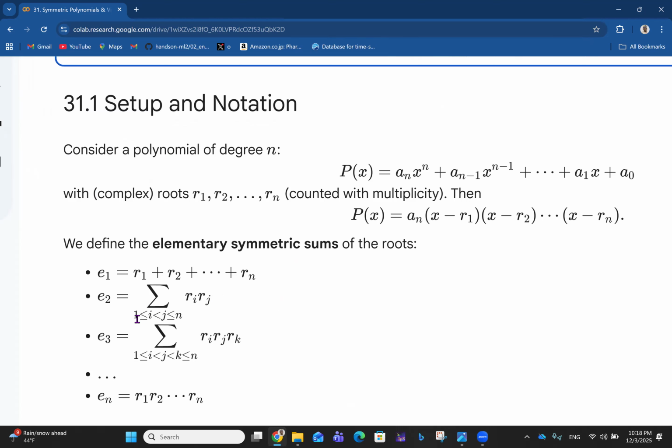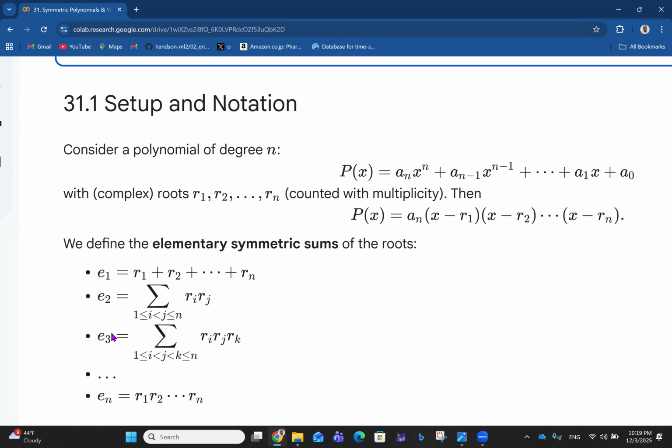That means i can be equal to 1 or greater than 1, then i is always less than j, and j can be up to n. So if we have 4 roots, we have the sum of r1r2 plus r1r3 plus r1r4 plus r2r3 plus r2r4 plus r3r4, like that.